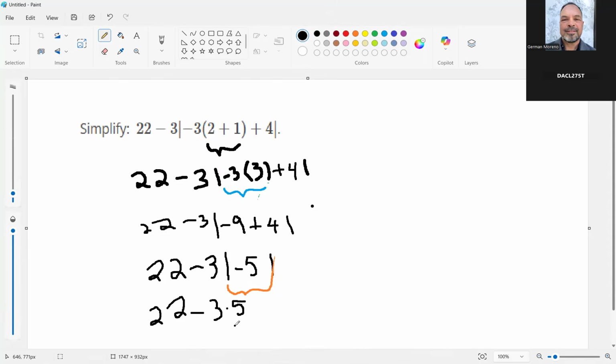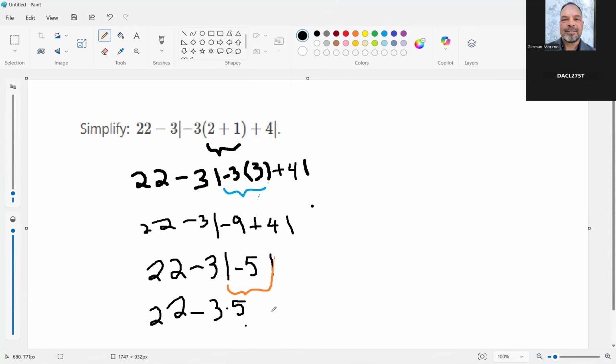And then you add and subtract from left to right. There's only one. I'm sorry, you multiply and divide from left to right. Add and subtract is the last thing. There's only one multiply, and that's a little tricky as well, because you may be wondering, should I multiply the -3 and the 5, or do I multiply the 3 and the 5?